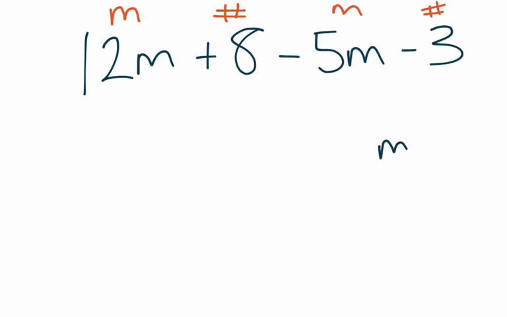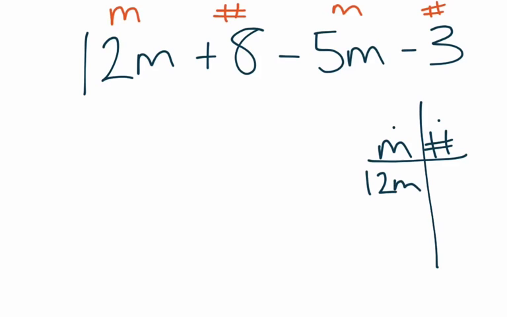So if I created a column chart, I have two different types of terms here. I have ones that have m's in it, and then I have ones that are just numbers. So if I put 12m here, and 8 here, and then negative 5m here, and negative 3 here, I could then see I could only put my 8 with my negative 3, and I could only put my 12m with my negative 5m.